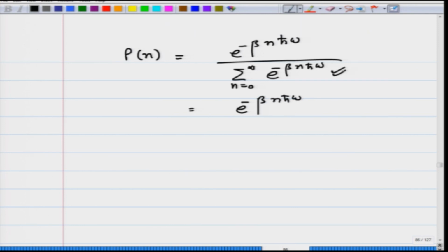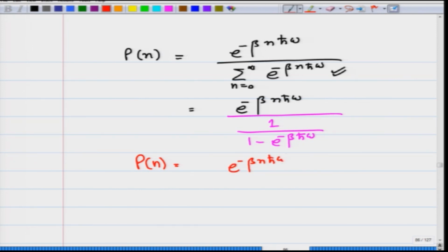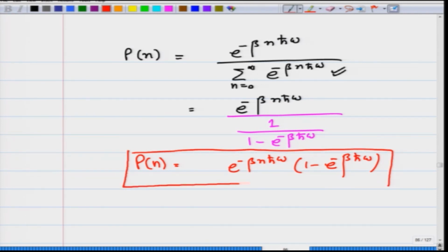This is a geometric series, so I can sum it up. It is going to be 1 over 1 minus e raised to minus beta h cross omega. So, the probability P n is e raised to minus beta n h cross omega times 1 minus e raised to minus beta h cross omega. This is the probability of having n phonons.